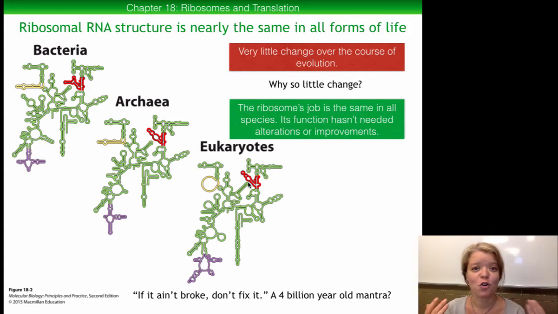By the process of trial and error, we have all arrived at the most optimal structure of the rRNA for the ribosomal function. So, thus our ribosomal RNA is nearly identical to the bacterial ribosomal RNA.